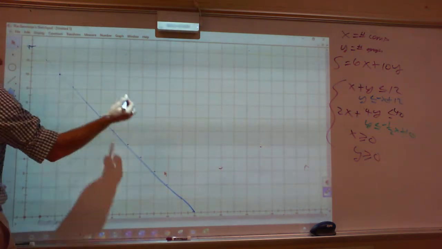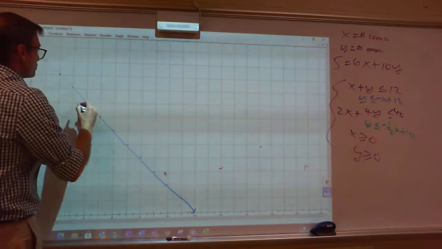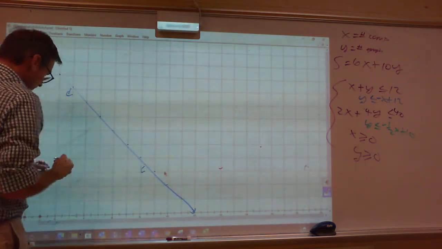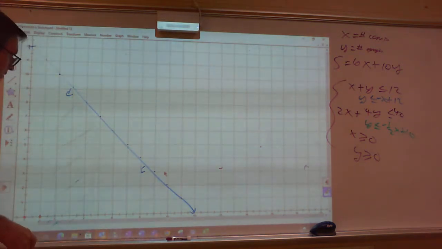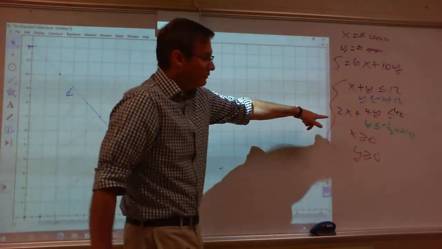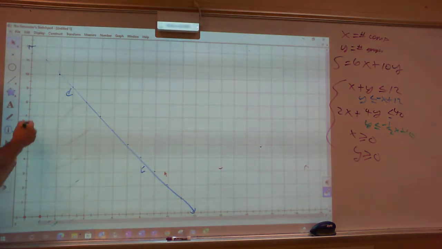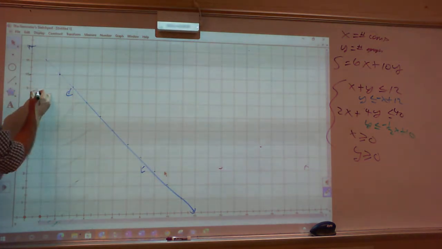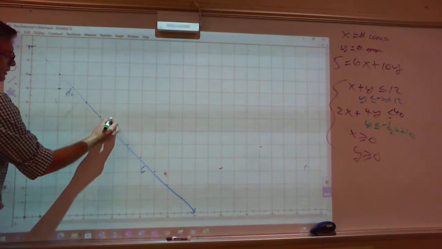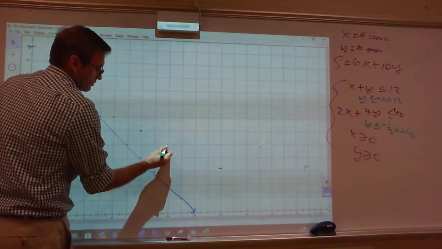Imagine that was a straight line, and we are shading down. Next up, the green line says we're going to start at 10, and we're going to go down 1 over 2.